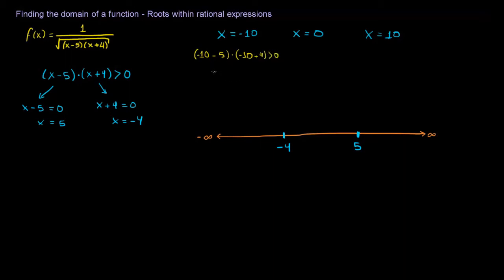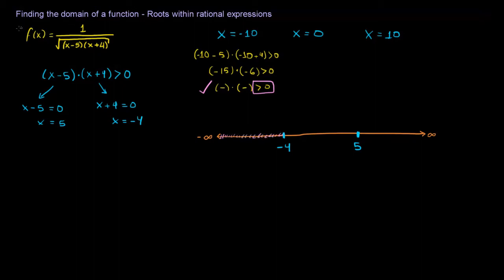Here we get negative 15 times negative 6 greater than 0. So basically we only have to see the signs of this operation: negative times a negative greater than 0. Negative times negative will produce a positive number, which is indeed greater than 0. This passes the test, and we include this interval here.